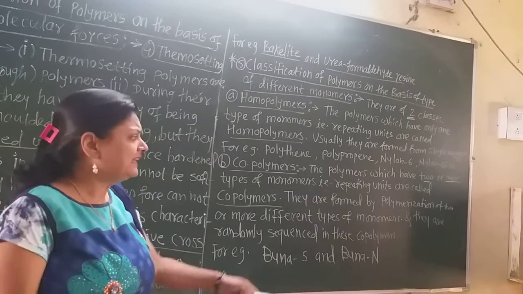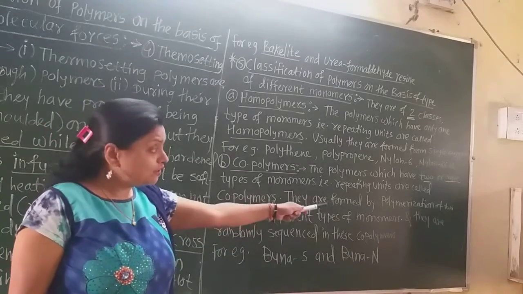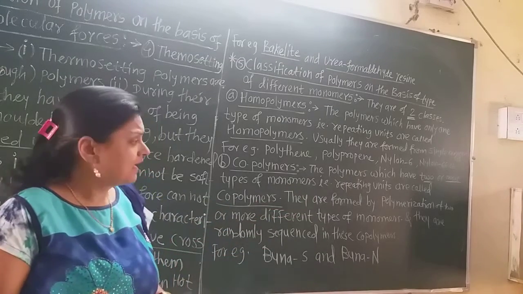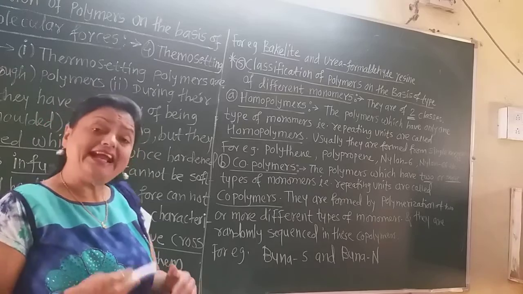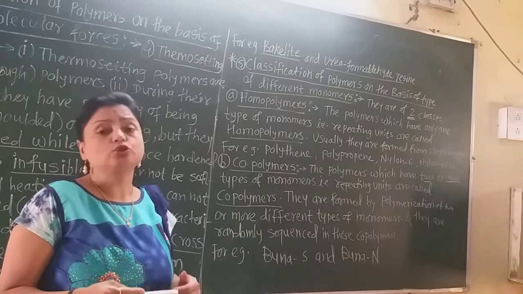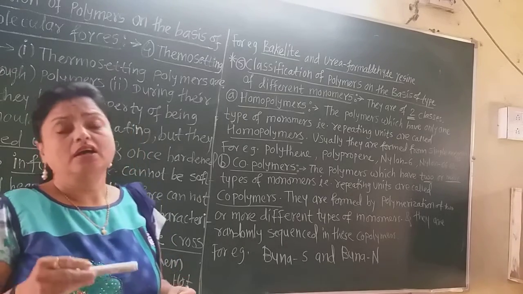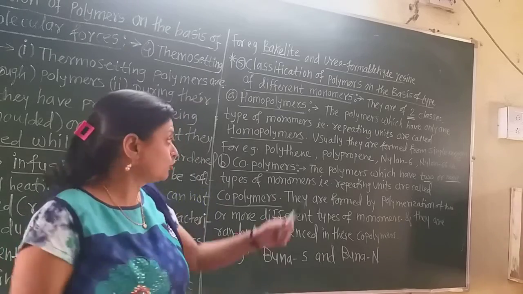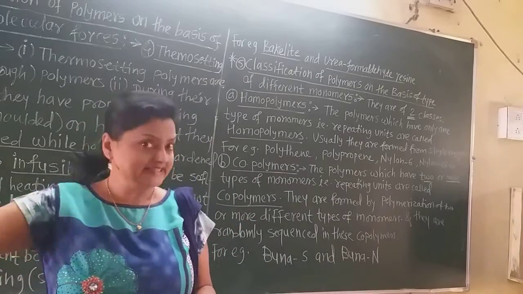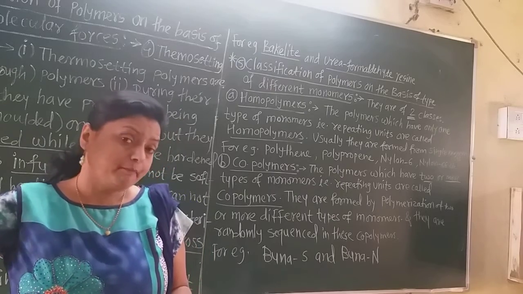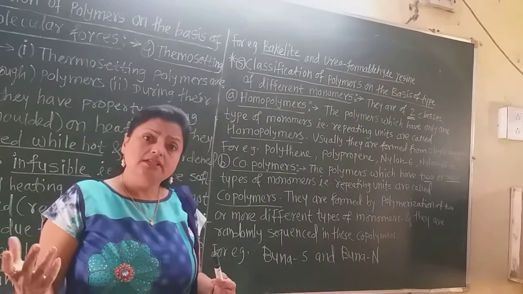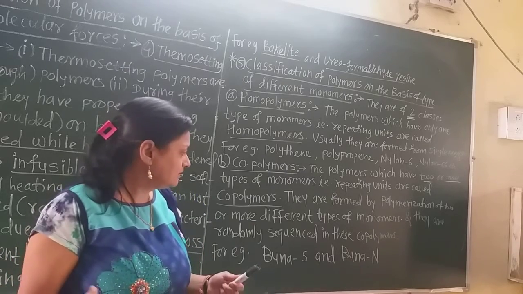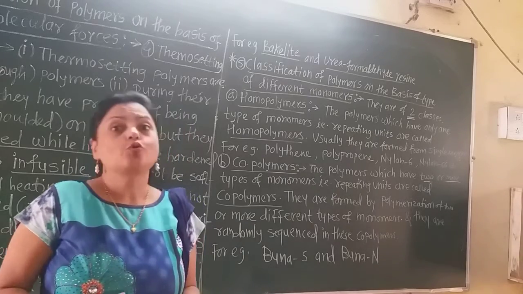Definitely they are formed by the polymerization of two or more different types of monomers, and they are randomly sequenced. That means there is no orderly sequence of the monomers in them as in homopolymers, where there is an orderly sequence of monomers. But in copolymers the sequence of monomers is random, and therefore they are called copolymers.